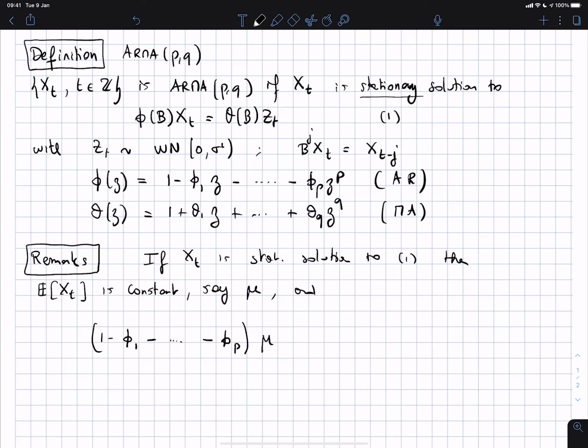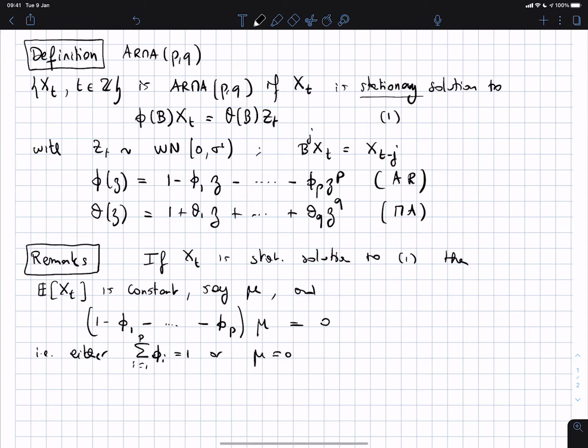This has to be equal to the expectation of the other side, where all these Z_t are stationary with mean 0, so this has to be equal to 0. So this tells us that either the sum of the coefficients of the AR polynomial has to be equal to 1, or mu has to be equal to 0. And typically we take mu to be 0.